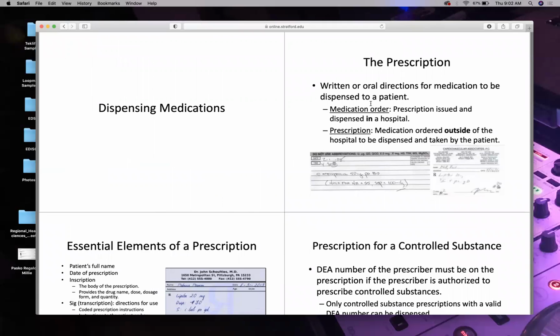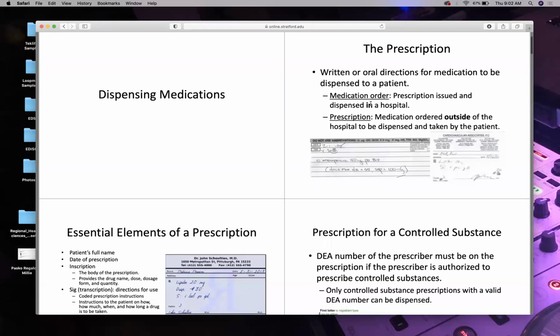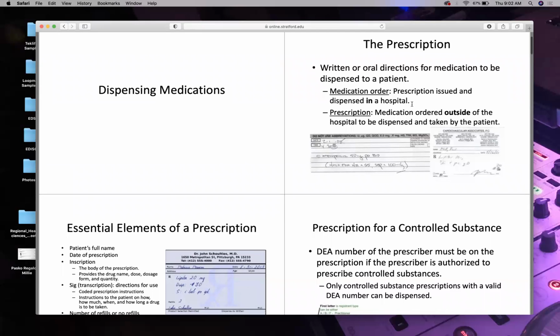Then the physician or the DNP or the DO, doctorate of osteopathy, which is just like an MD. There has to be a medication order, and that's what a prescription is. And if you remember your medical terminology, script means to write, pre means before. So before you can dispense any medication, there has to be an order.